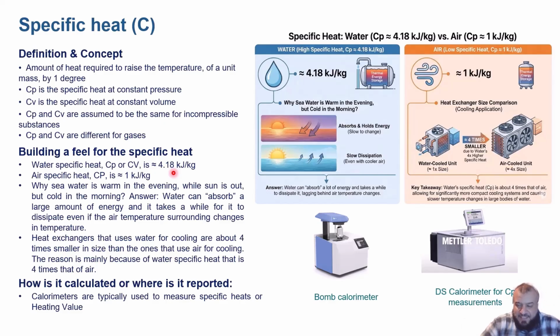Let that sink in. Why is that? It's very simple, because of the specific heat. Water can absorb a tremendous amount of heat for a very small increase in temperature. Cools down very well compared to air. Specific heat is a beautiful concept and very important for us to know, understand, and digest.